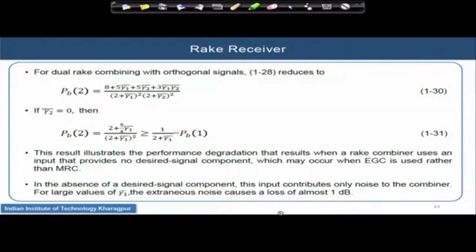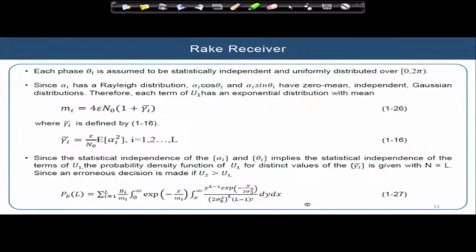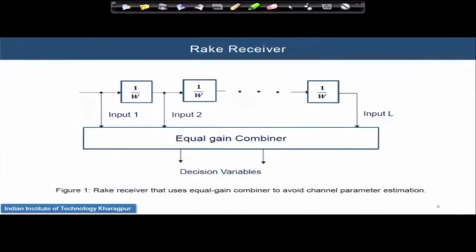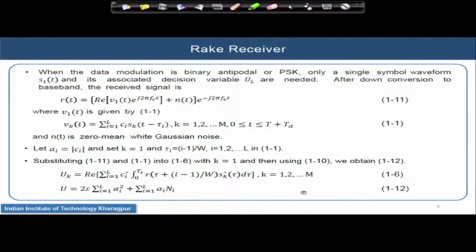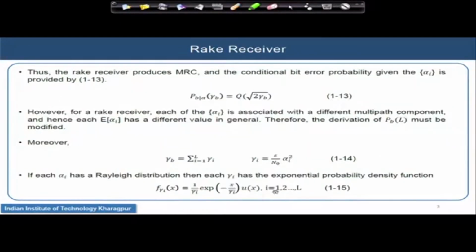So, what we tried to establish in this module on the Rake receiver is this: if we have a BPSK signal and only a single waveform, the target was to calculate and see the error probability with the Rake receiver architecture.